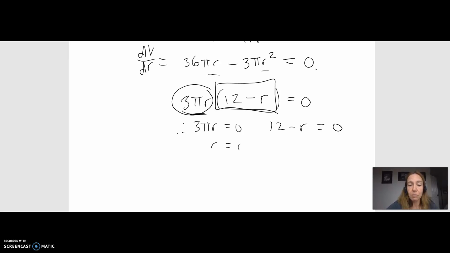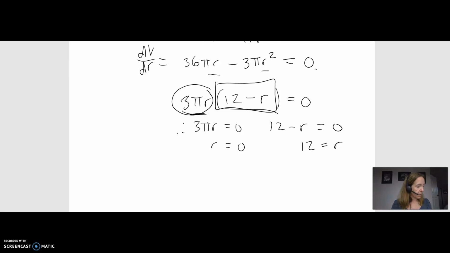So r must be 0 and r must be 12. Well, obviously having a radius of 0 isn't going to make much sense. It's not much of a cylinder. So r must be 12.